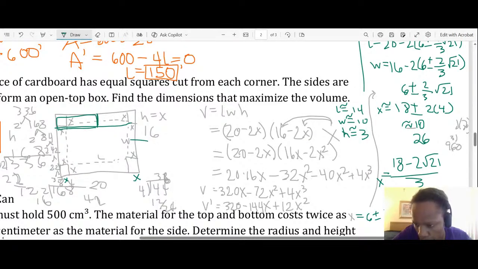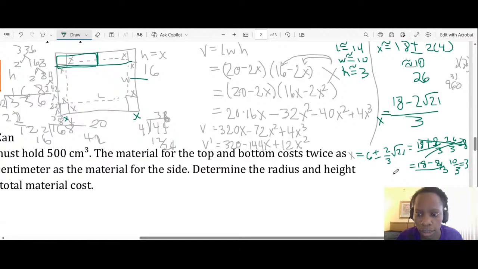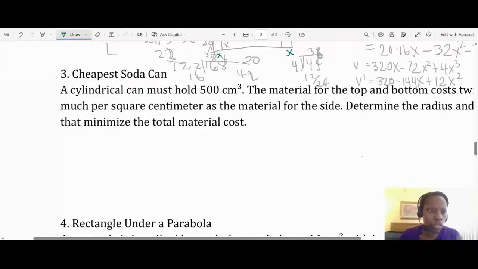So somewhere around there. But if you want to give me exact values, that's fine too. Okay, let's move right along because we spent quite a bit of time.